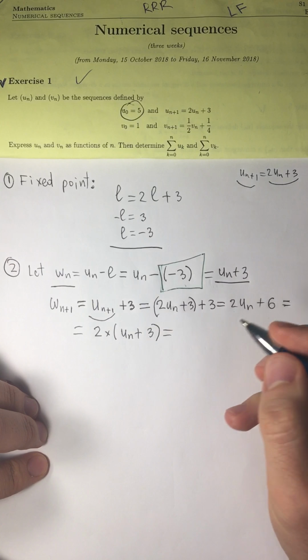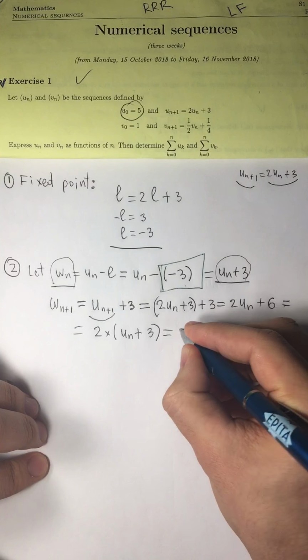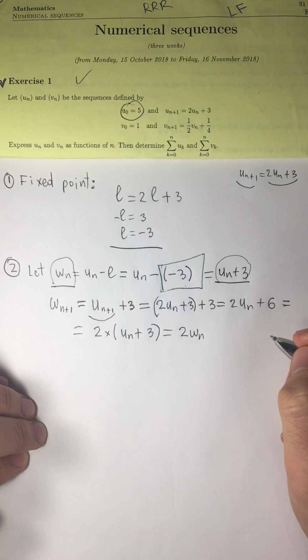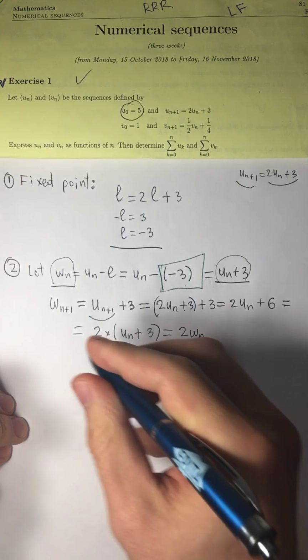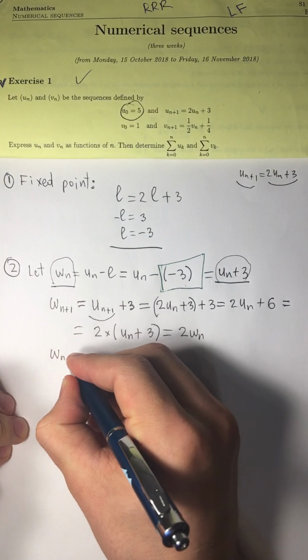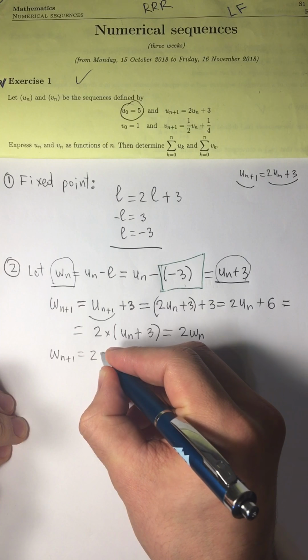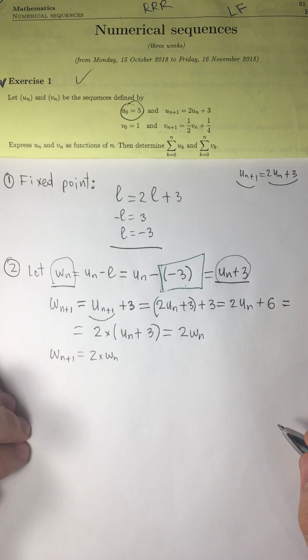Okay, here, as you might see, un plus 3 is wn, so it is equal to 2 times wn. We get lucky here. You will understand a little bit later, if you can. So at the end we have wn plus 1 is equal to 2 times wn.